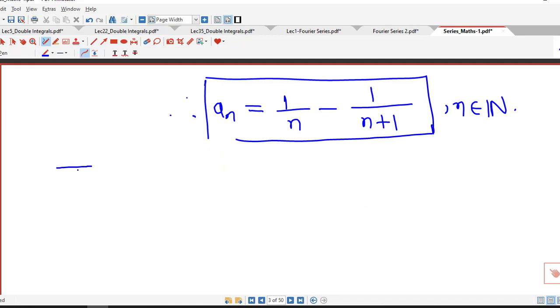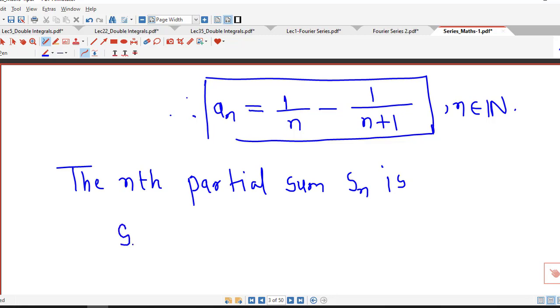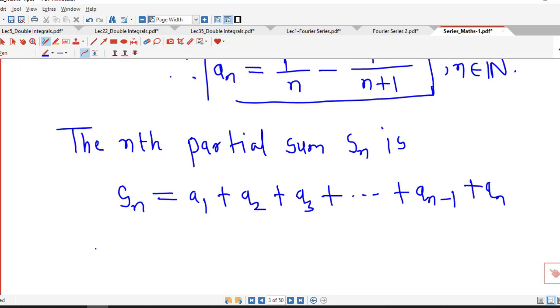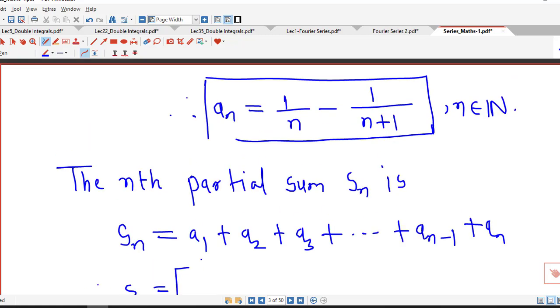Now we find the nth partial sum. The nth partial sum S_n is nothing but the sum of the first n terms of the given series. So we consider the (n-1)th term plus the nth term. Therefore S_n: first, a_1 can be obtained from this equation for n equal to 1, so we have 1 by 1 minus 1 over 2.